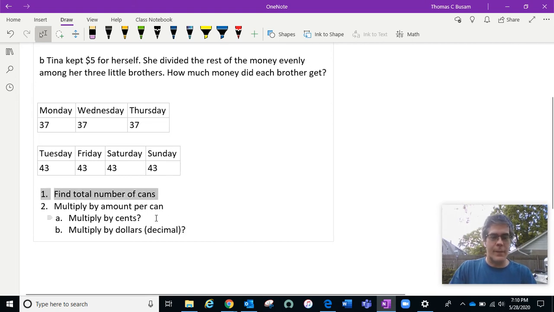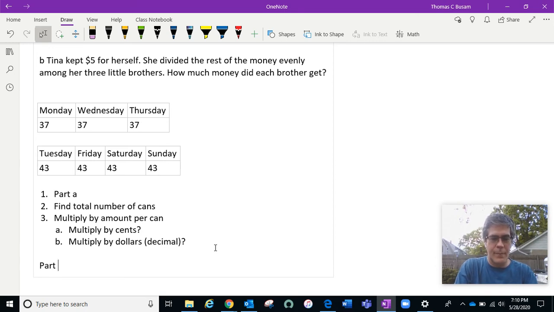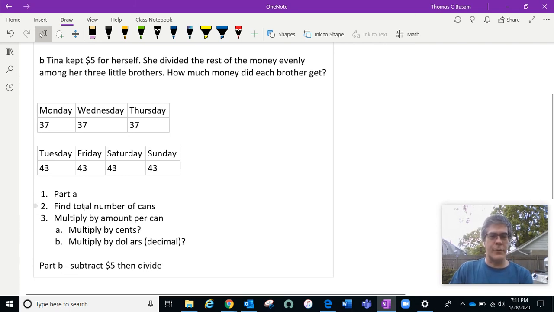So for part A. And then for part B, subtract $5. Again, keeping in mind whether you calculated cents or dollars up above.